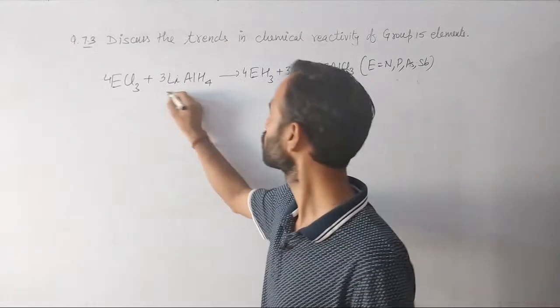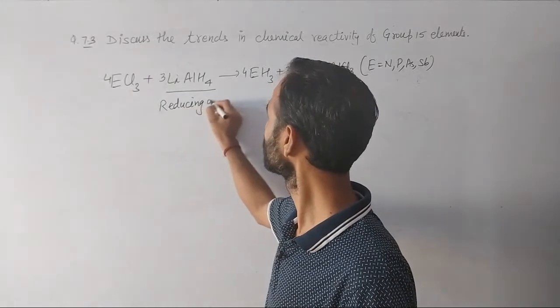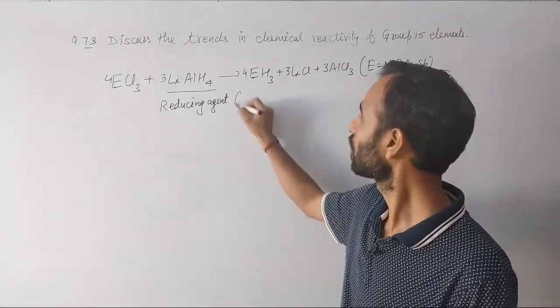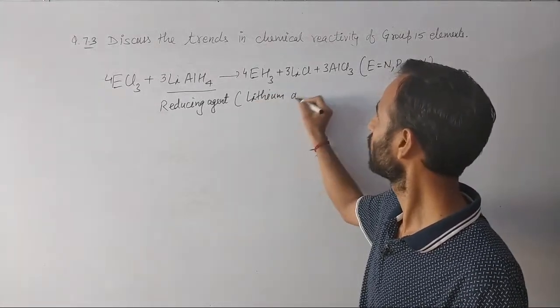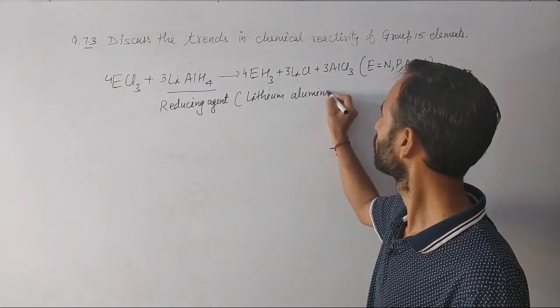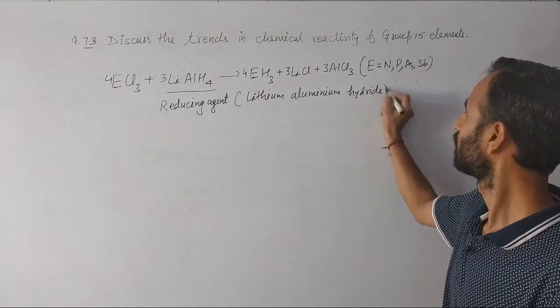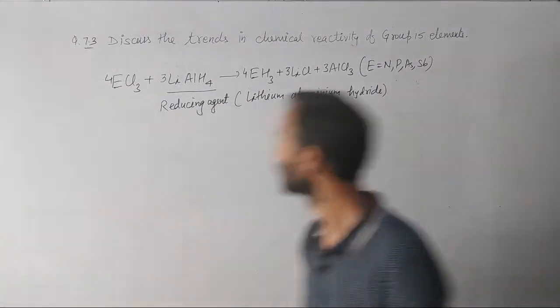This is a reducing agent, most common reducing agent which is used in organic chemistry. It is called lithium aluminium hydride. Lithium aluminum hydride. Okay.